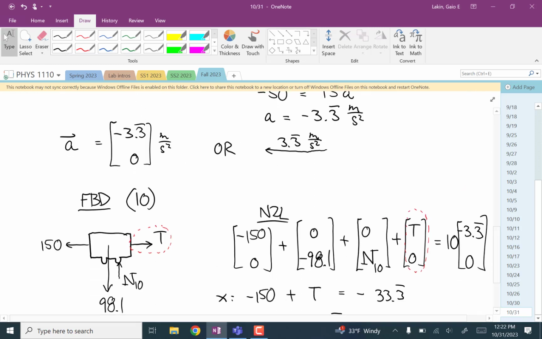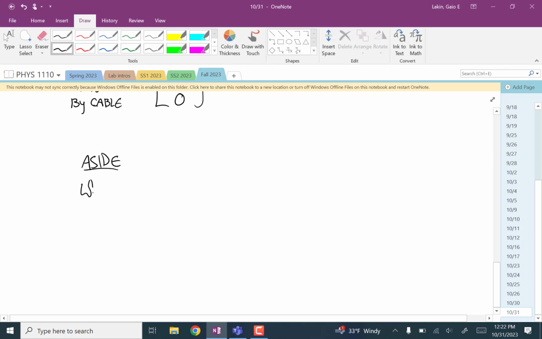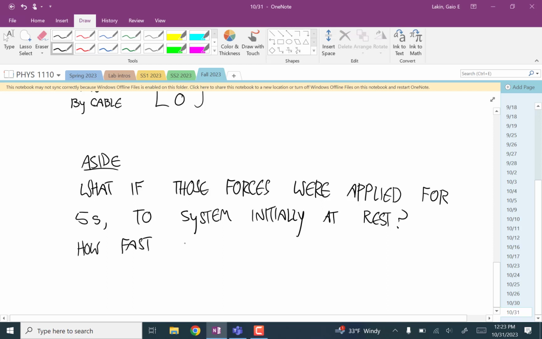So let's say, what if those forces were applied for 5 seconds to a system initially at rest? How fast would the objects be moving?